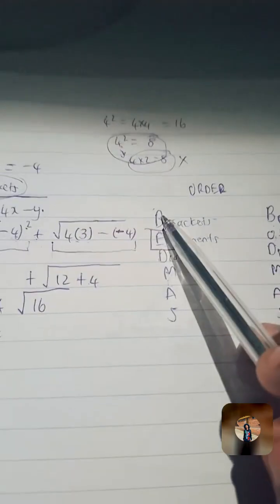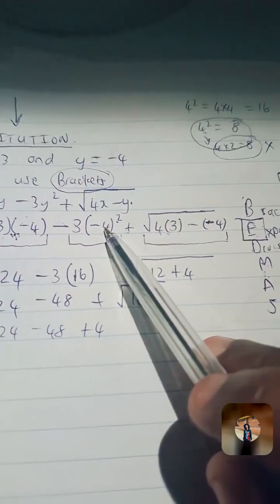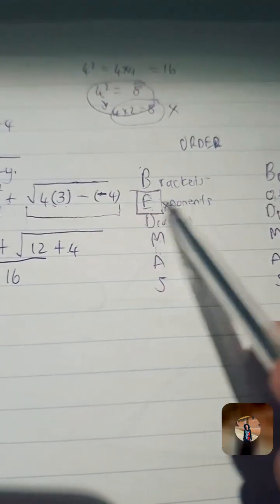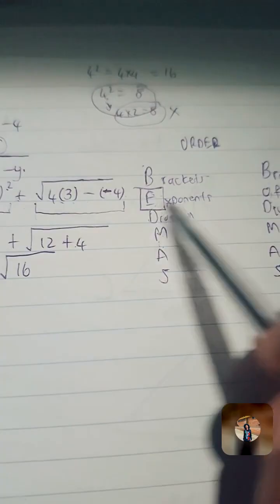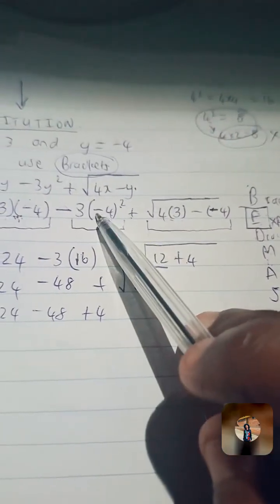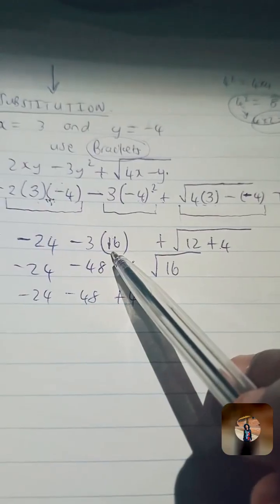So then what's the next thing I need to look at after brackets? Because I can't do anything with the bracket at the moment, but I can see there's a what? An exponent. So I go ahead and I apply my next thing, which is I apply the exponent to the bracket. So that's why I got positive 16.